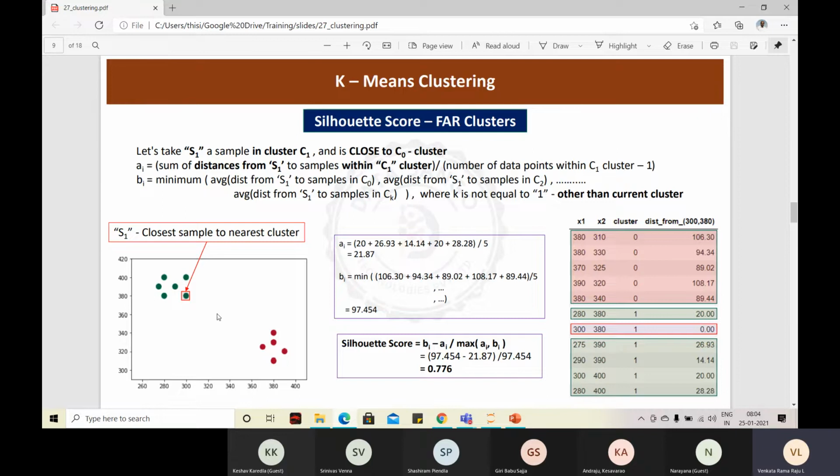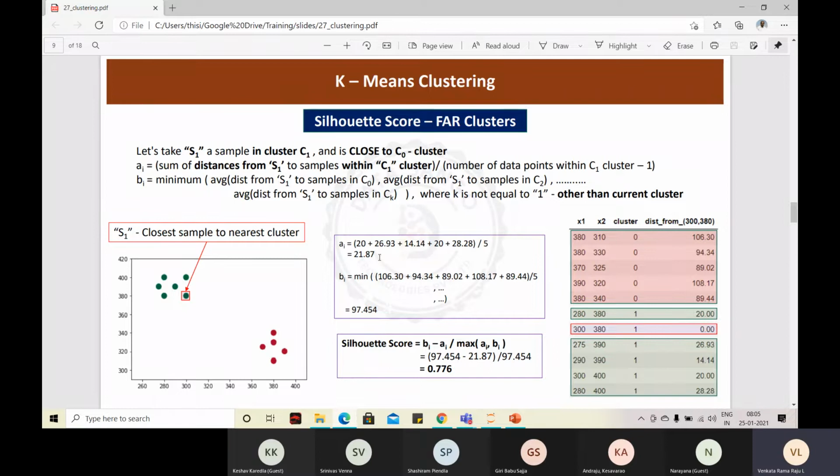If the clusters are not overlapping, you will get positive, and the number is going to be close to 1 if they are very far, close to 0 if they are very close, and negative when they are overlapping. So silhouette score will clearly show you what is happening with the clusters. I'll take one example for each of these scenarios: overlapping, too far, too close, and try to explain.